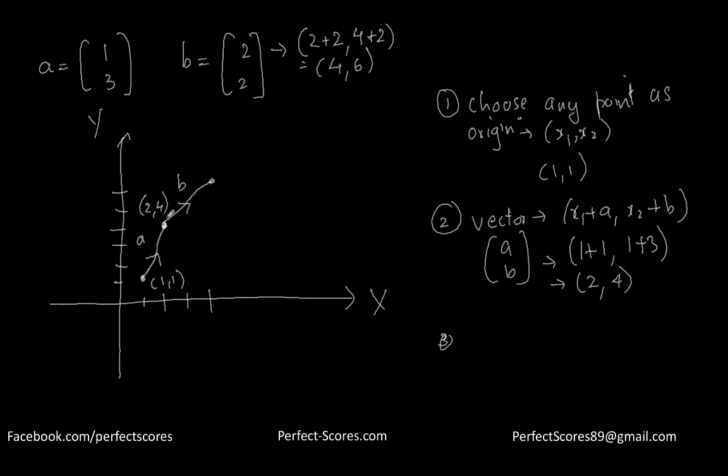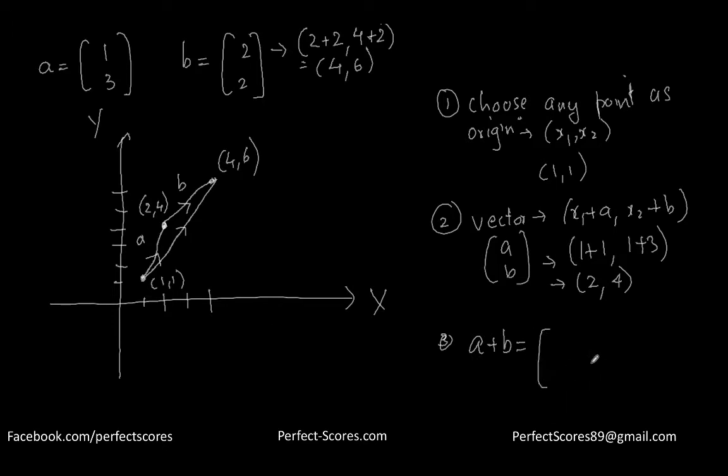So if this is my vector A, and this is my vector B, what is going to be my vector A plus B? A plus B is going to be this vector right here, isn't it? You know that this end is (4, 6), and this start is (1, 1).